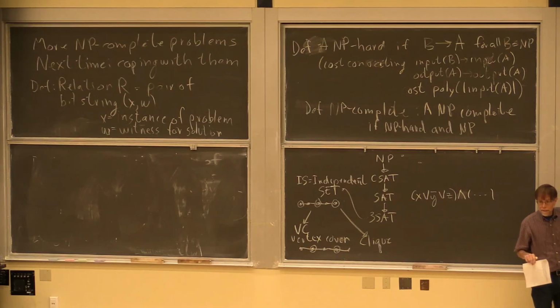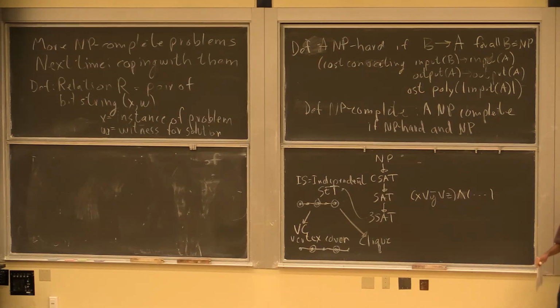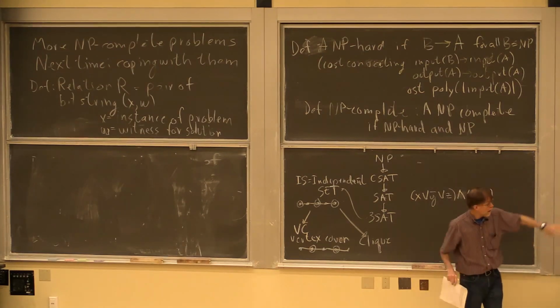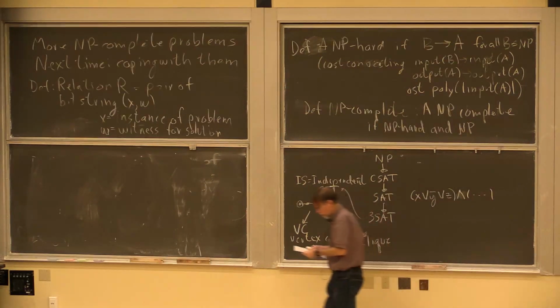So I need to build something that models a variable, the variable x, and whether it's true or false, by putting together a combination of D's and B's and C's and triples. And then I also need to build a gadget that models each clause. So that's what the trick is.